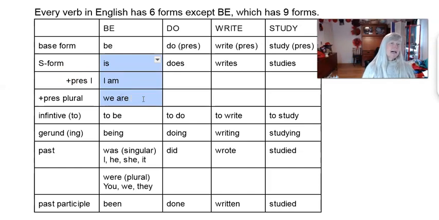He is, I am, we are, and we do not use the base form for that. All the other verbs, we use the base form. I do, you do. I write, they write. We study, you study. So the verb be has 9 forms. It has 3 forms more than every other verb in English. Every other verb has 6.